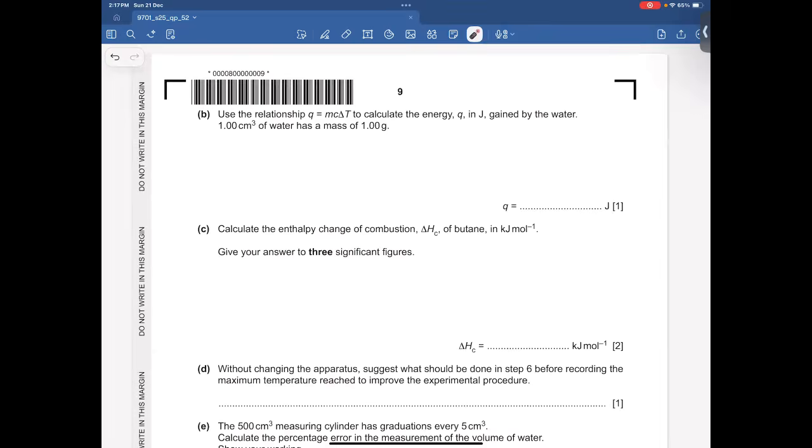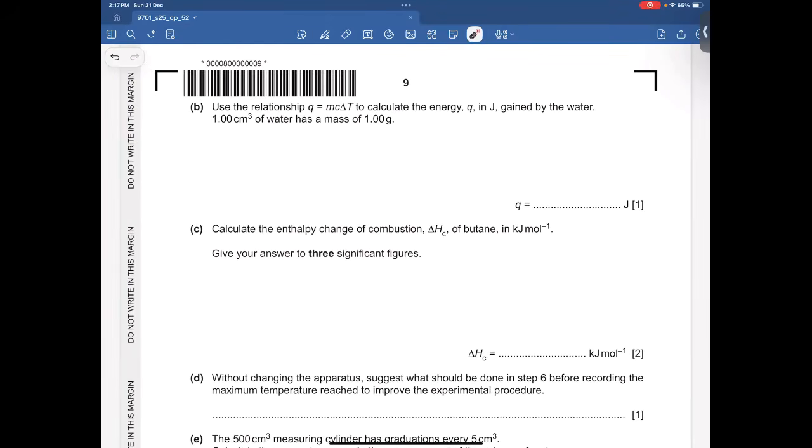Use the relationship Q equals MC delta T. Calculate the energy Q in joules gained by the water. Okay, that's an easy piece of stuff. Q equals MC delta T. M was the mass of water, so it was 320, times the specific heat capacity given in the table, which is 4.18. Delta T was 57.3.